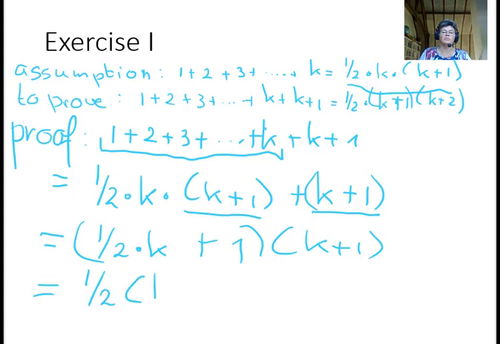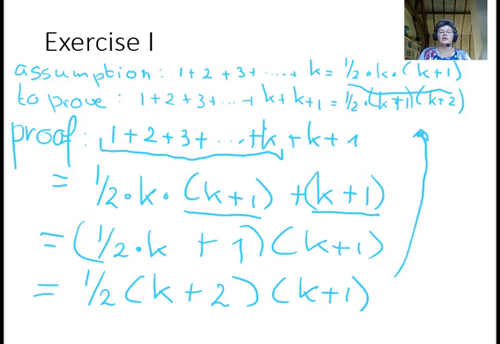So that would be a half times (k plus 1), but then of course, instead of 1, I need to write 2. A half times (k plus 1) is the same as a half times brackets (k plus 2) times (k plus 1). Okay, and if we look now at what we needed to prove, then it's exactly the same.